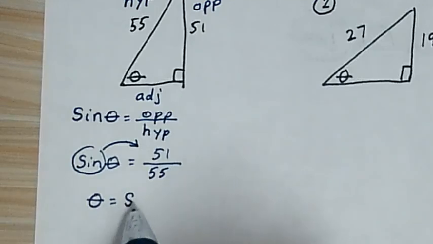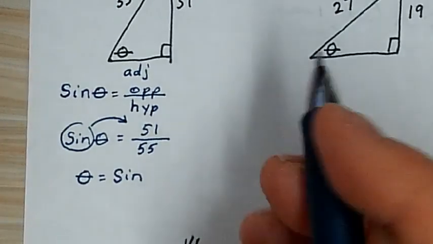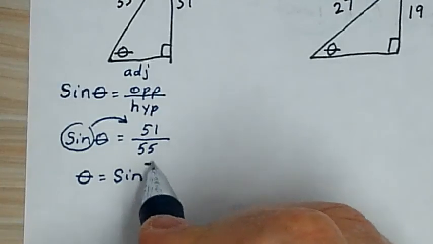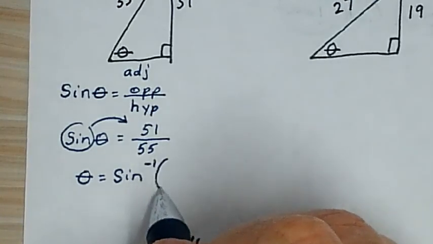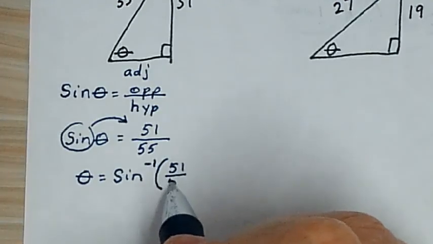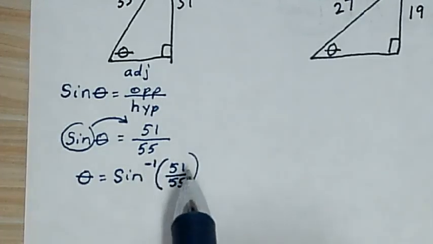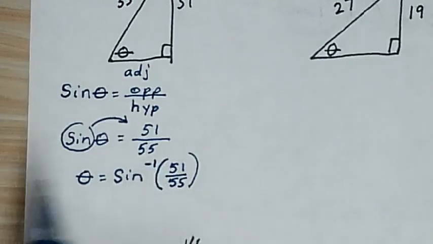But what's that little added symbol we have to put there? Yeah, exponent of -1. And then we put the fraction 51 over 55. And that tells you we're doing the inverse sine of 51 over 55. It's the inverse sine, not the sine. So that tells you how to do the calculator work.